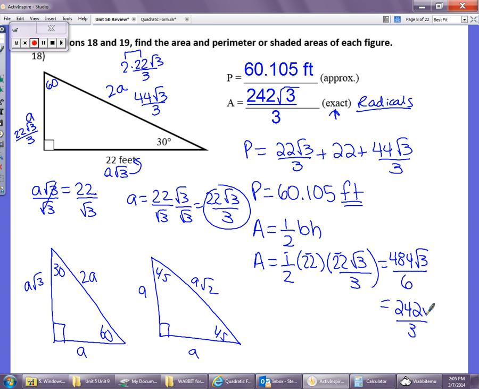And then you can just throw the radical 3 next to it. So kind of ignore the radical when you're putting things in your calculator. And that's why I have that as my area. Okay, 242 radical 3 over 3 feet squared.